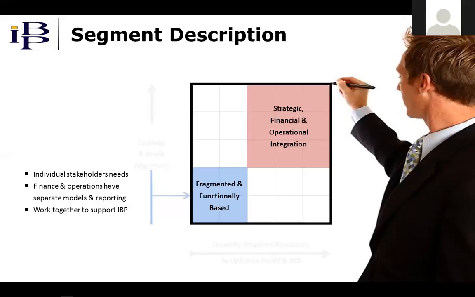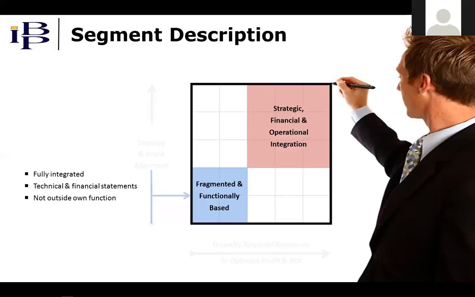So where organizations are at, they're trying to patch these things together to support some sort of integrated business planning process. And this can be confusing for some, because virtually every one of the vendors calls themselves fully integrated.